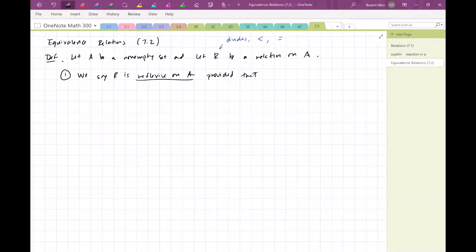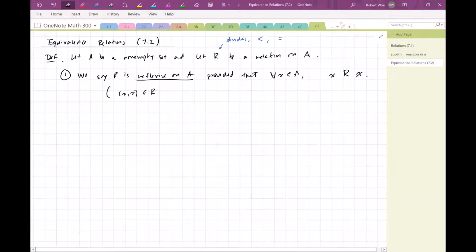For a general relation, we say that R is reflexive on A, provided that for all x in A, x is related to x. Or in other words, (x, x) is in R. So a relation is reflexive if it always contains every (x, x). Or another way to think about it is a relation is reflexive if every element is related to itself.